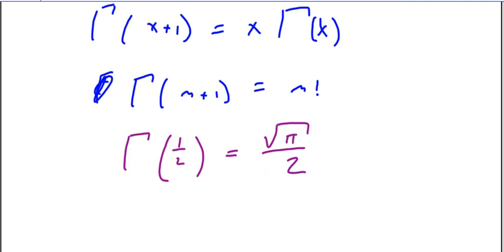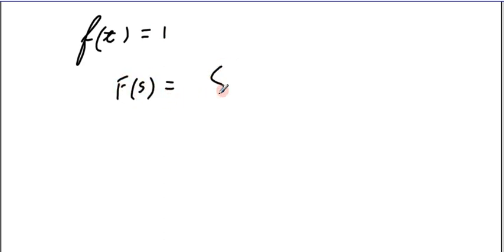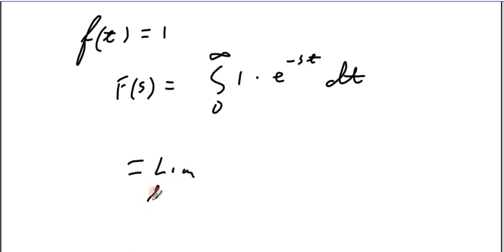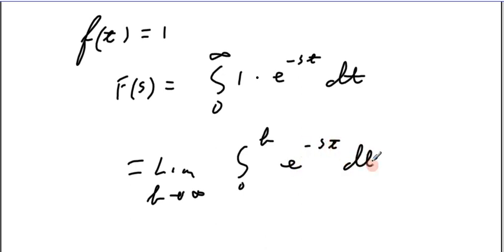Okay, so back to the issue. Is our Laplace transform table correct? So the first one we're going to look at is f of t equal to 1. And we say, well, what is F of s? Well, F of s is going to be the integral from 0 to infinity of 1 times e to the minus st dt. And so we're going to change that to the limit as b goes to infinity of the integral from 0 to b of e to the minus st dt.